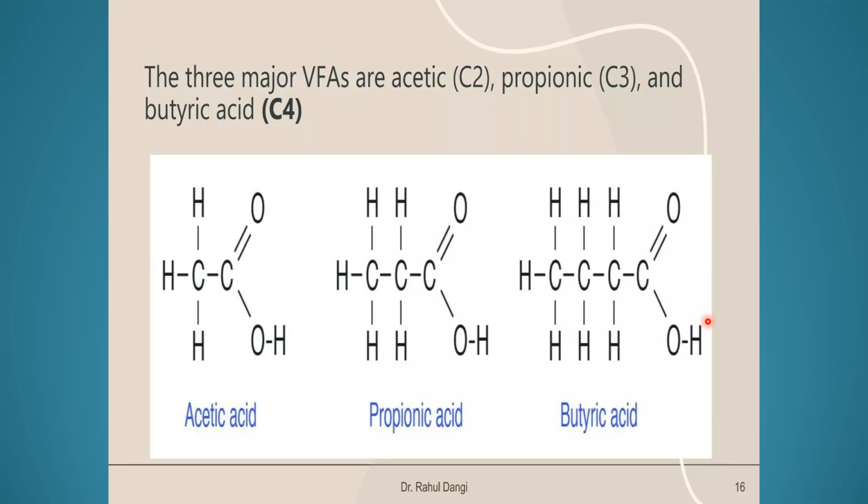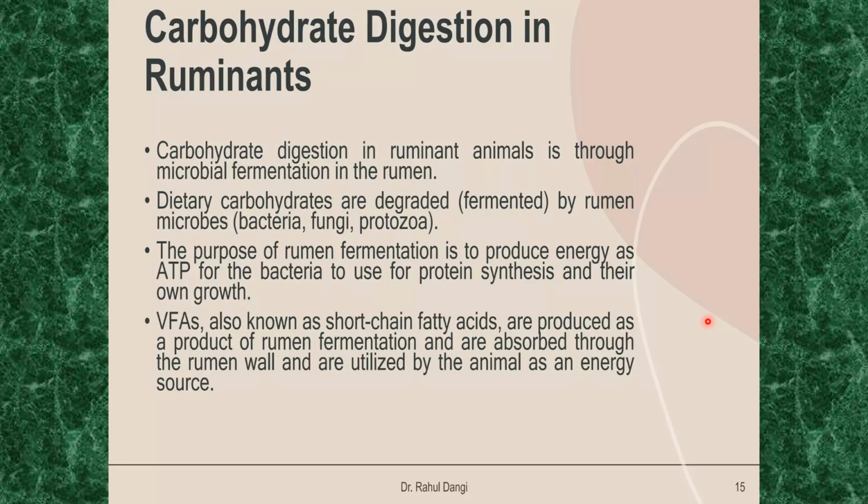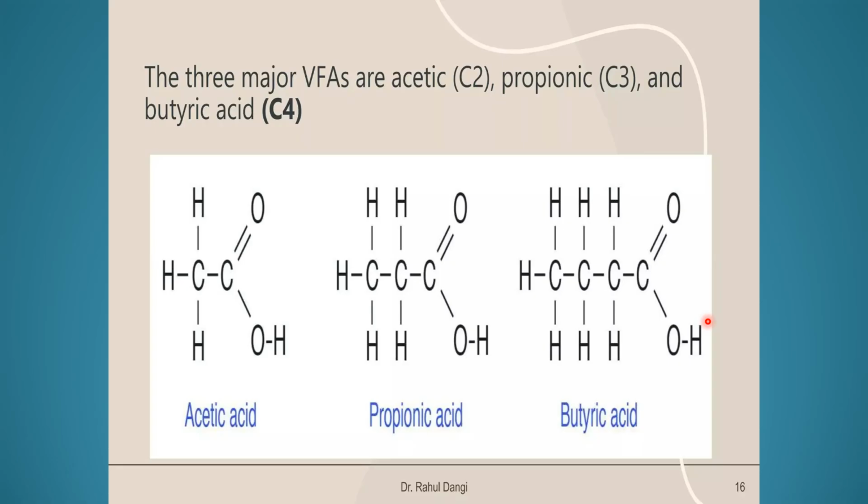The rumen wall has a very wide surface area, and it absorbs most of the VFAs, which are acetic acid, propionic acid, and butyric acid, the three volatile fatty acids. Here you can see the structure of the volatile fatty acids: acetic acid, C2, then propionic acid and butyric acid, also called C4.